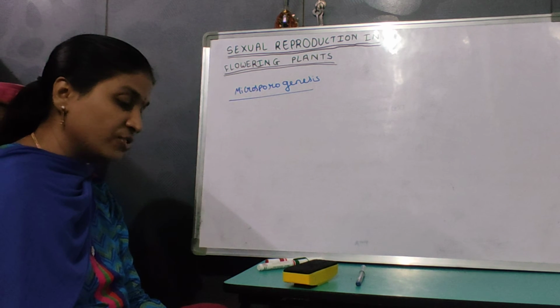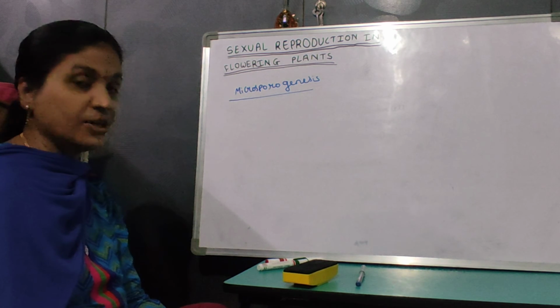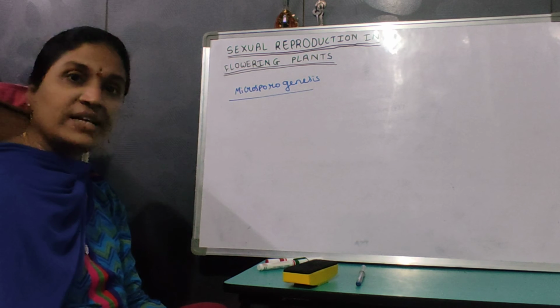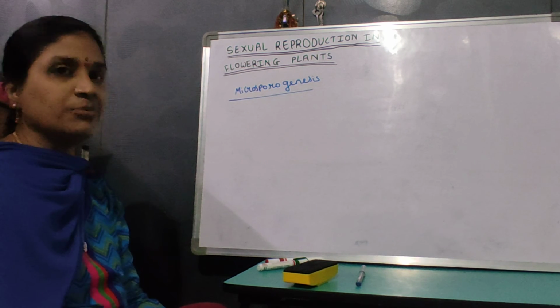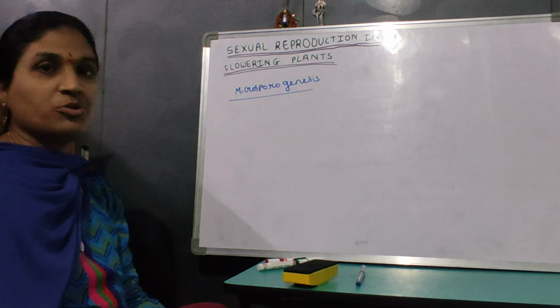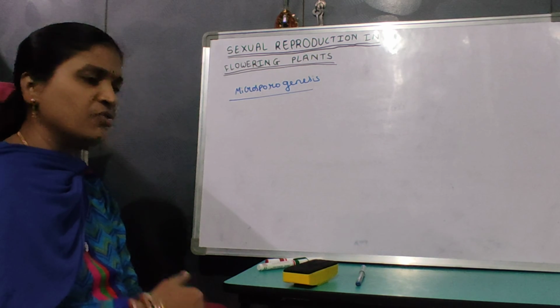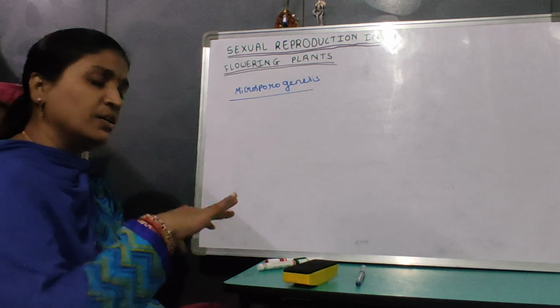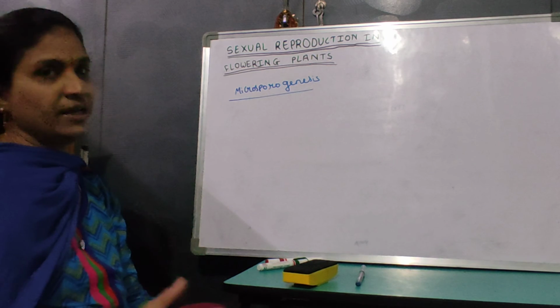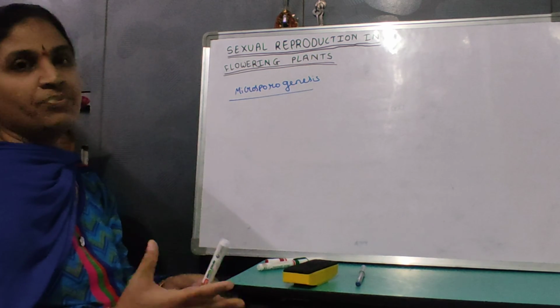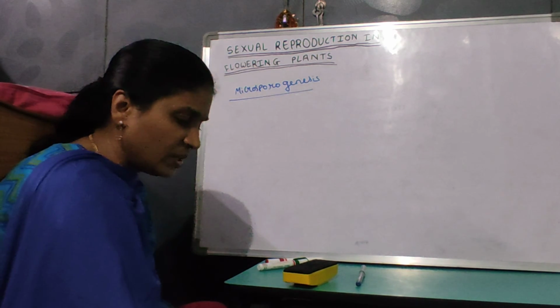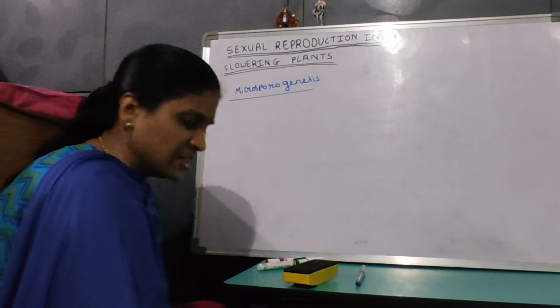Whereas in Rosaceae, Leguminosae, and Solanaceae members, the viability of the pollen grains is up to 1 year. So within 1 year, if they fall onto the stigma and germinate, they can cause fertilization. The viability will be there for months together.